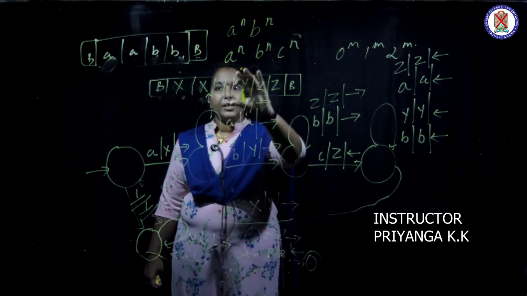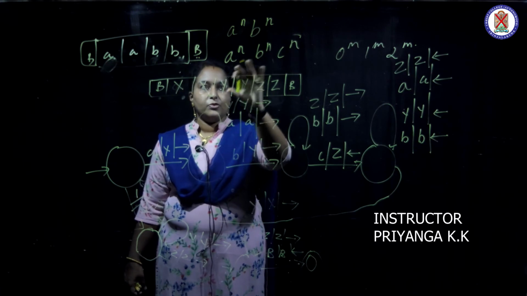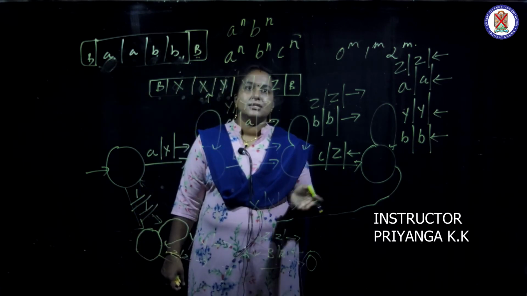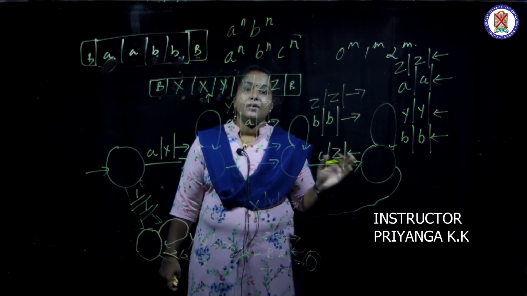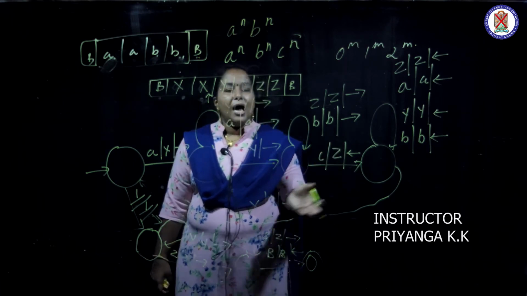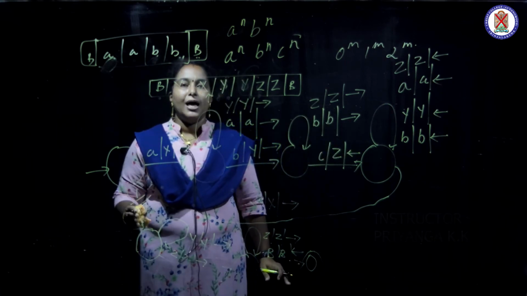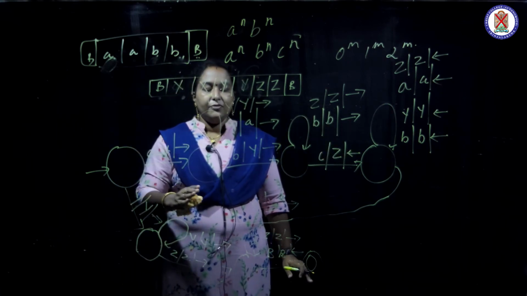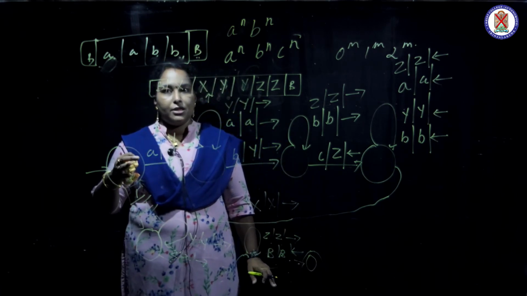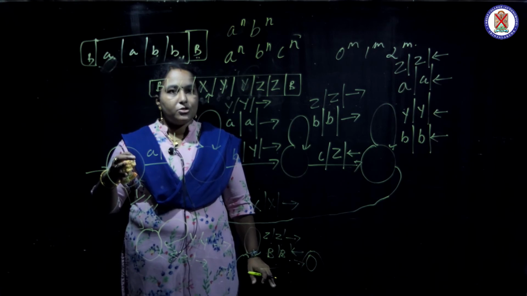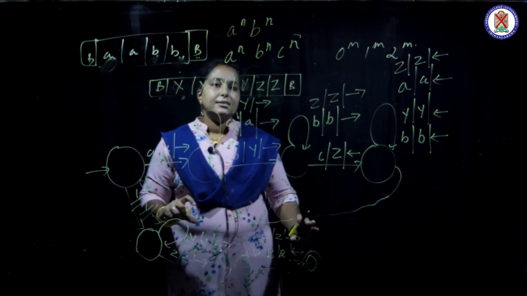That is, every time you see a, you make it as x, and match for the b, make it as y, and for the c, we make it as z, and repeat it, and also check for the bypassing condition. After all a's are finished, the machine will reach up to here, and when it reaches here, you check whether there are only y's and z's in your tape.